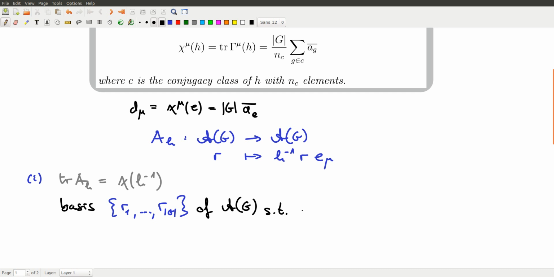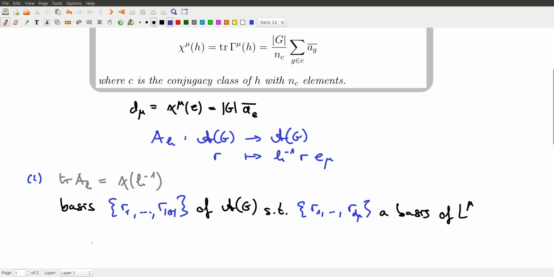And let's say we chose it such that the first d mu elements, R index d mu, these first d mu elements here span L mu, such that they are a basis of this L mu.